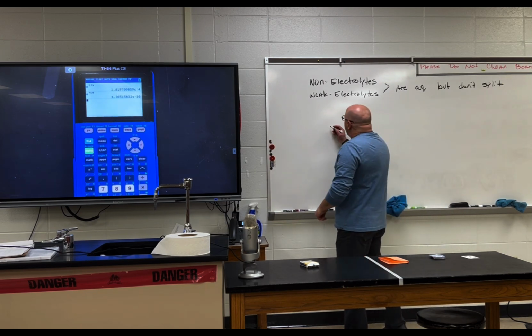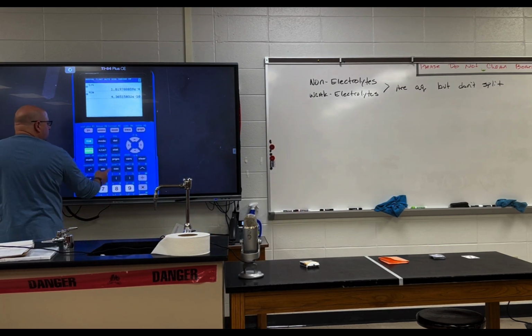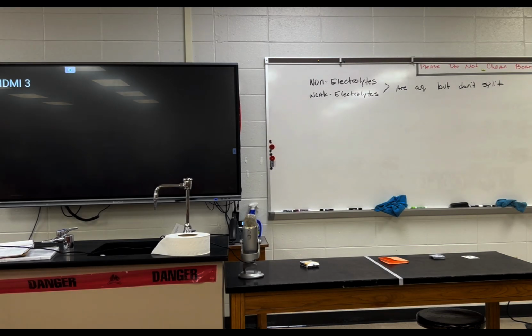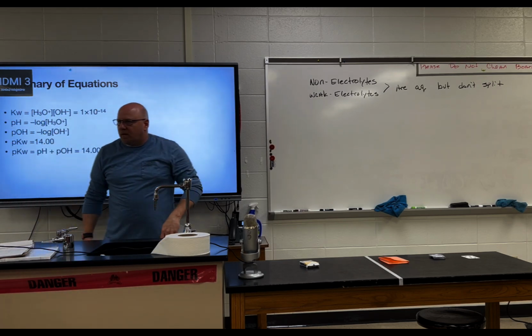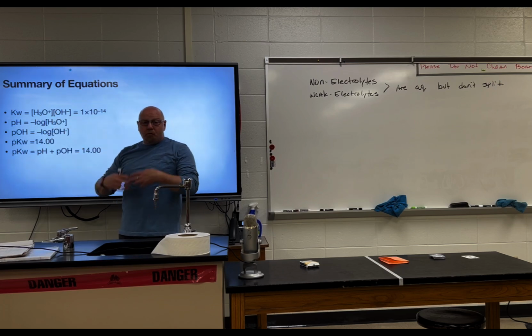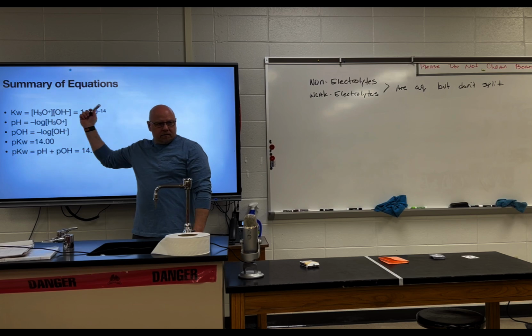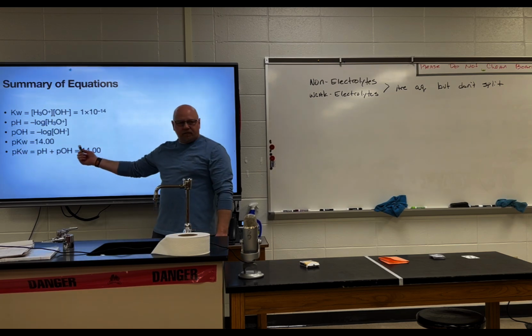So I'm going to switch back over to the notes. You have a whole set of equations here, right? To choose from. Pick and choose. If you had the hydroxide ion concentration and you wanted to know the hydronium, plug into this equation right there. If you had pH and you needed to know the pOH, plug into this equation right there.